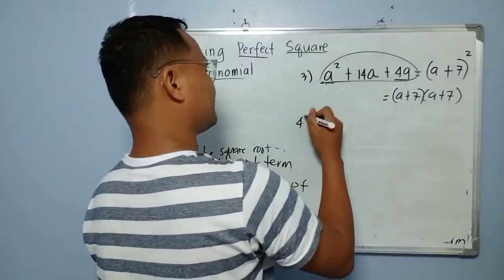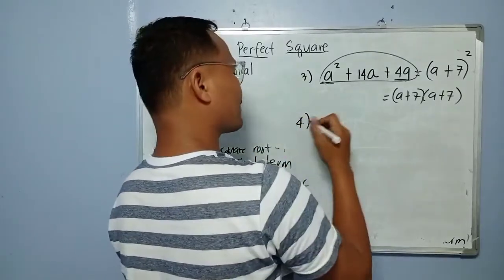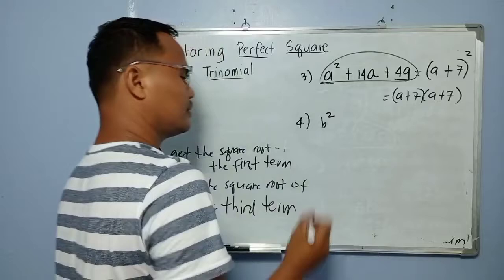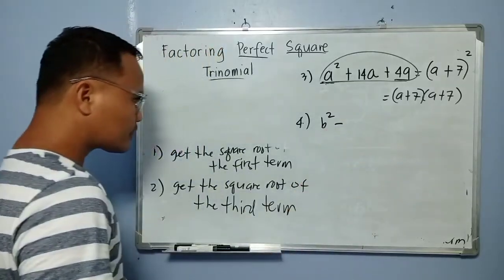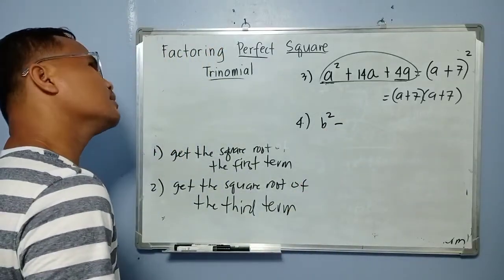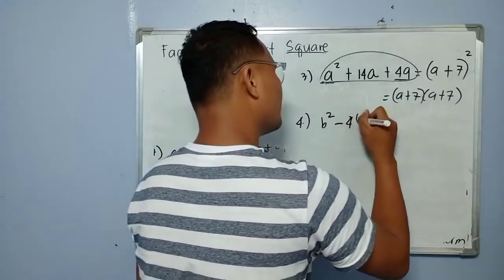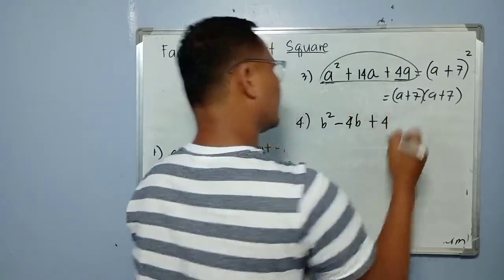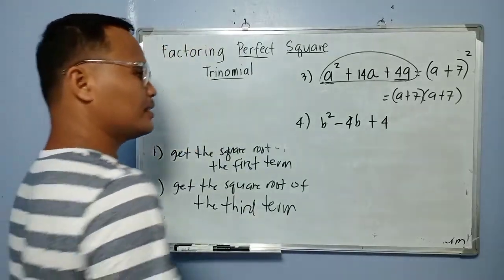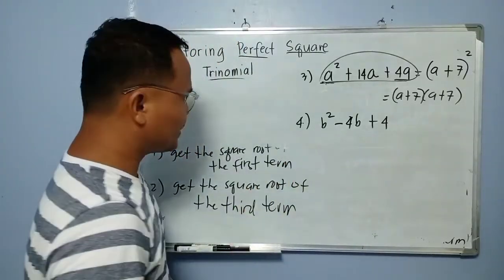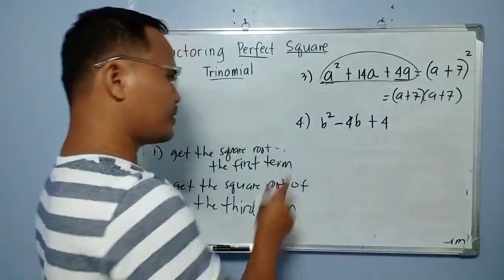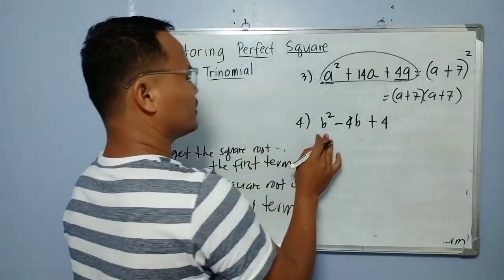Another example. We have here b squared minus, let's say, 4b plus 4. Is this a perfect square trinomial? Let us check.